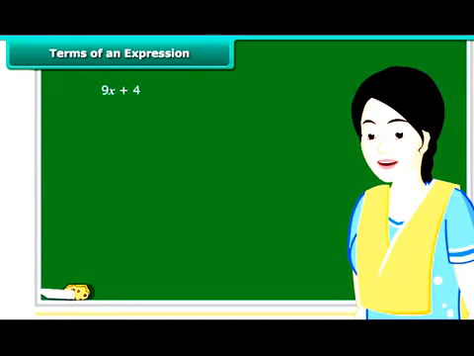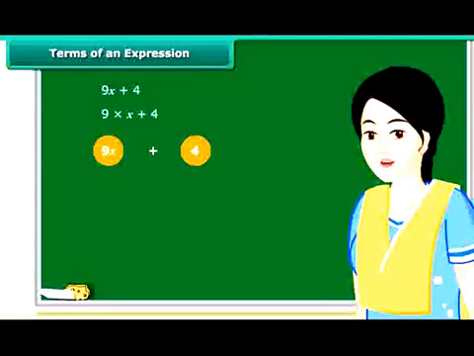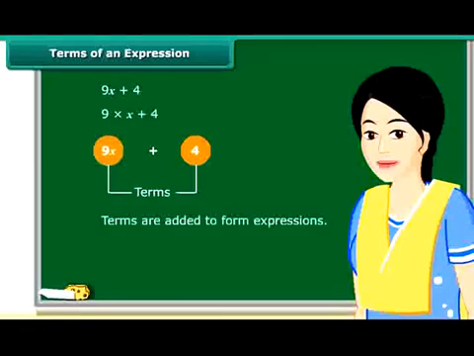In forming this expression, we first formed 9x separately as a product of 9 and x and then added 4 to it. So, you have seen these expressions have parts which are formed separately and then added. We call these parts terms. That means terms are added to form expressions.